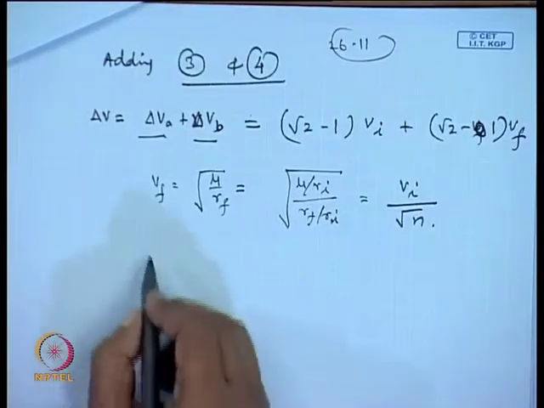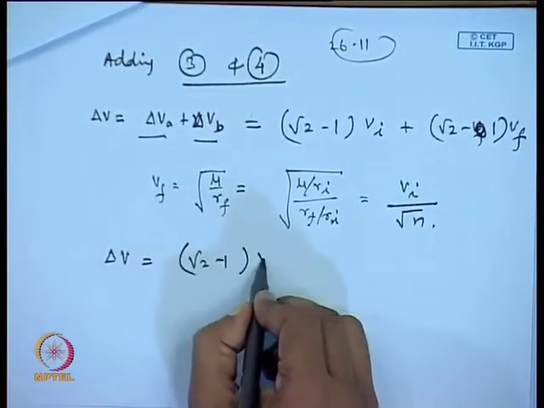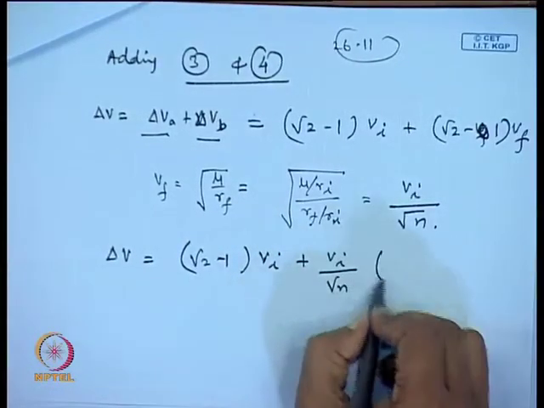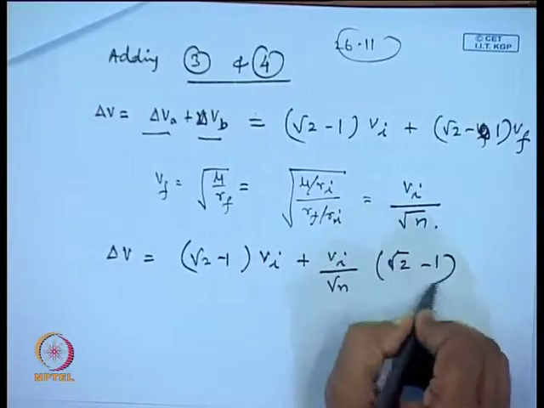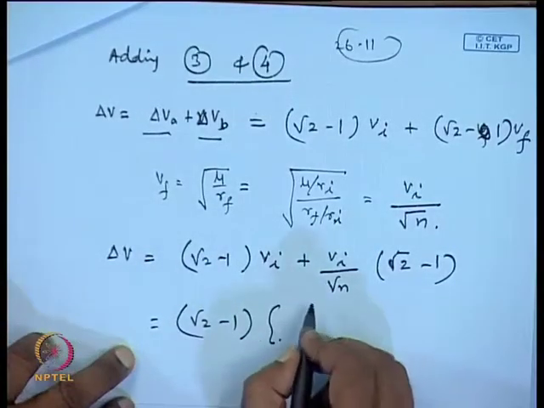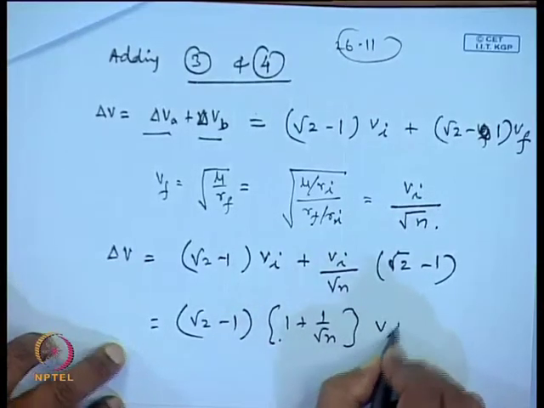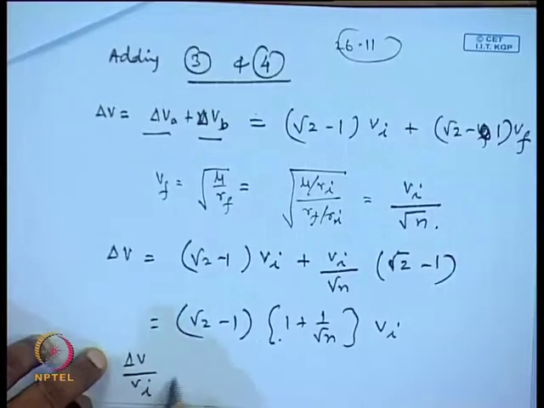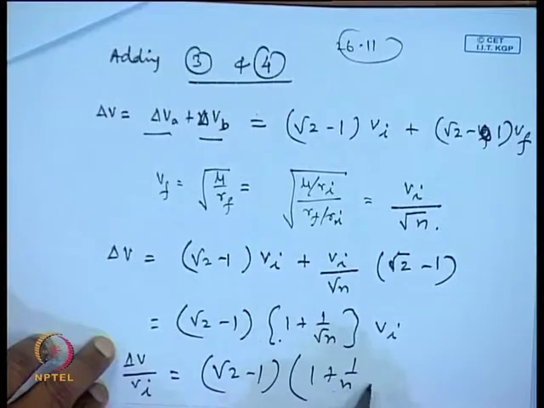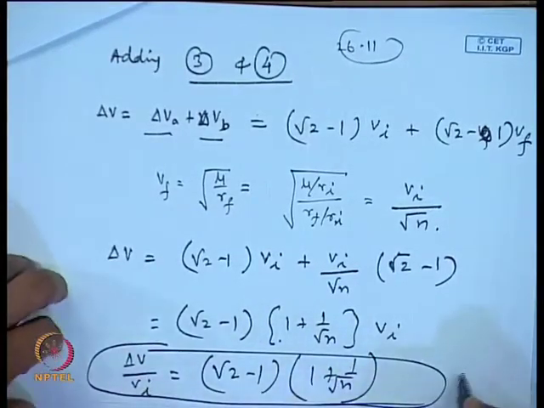So, delta V equals root 2 minus 1 times V I plus root n times root 2 minus 1, taking root 2 minus 1 common, we get 1 plus 1 by root n times V I, or delta V by V I equal to root 2 minus 1 times that factor. This is what we got using the bielliptic equation also.